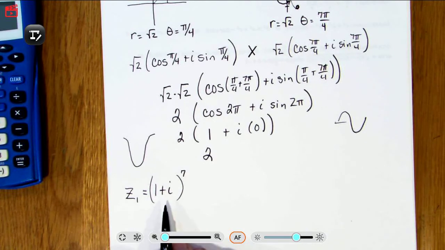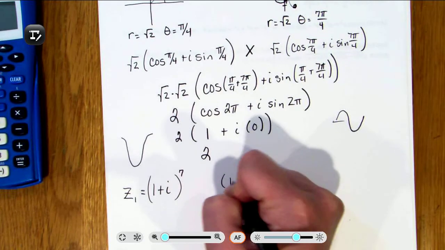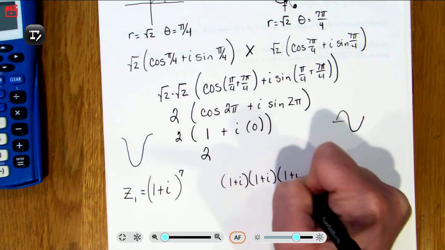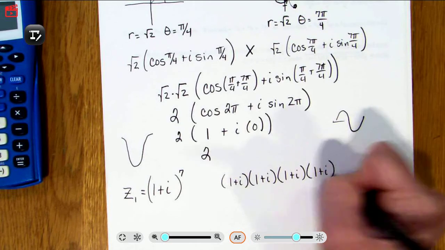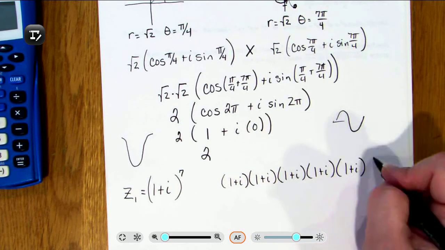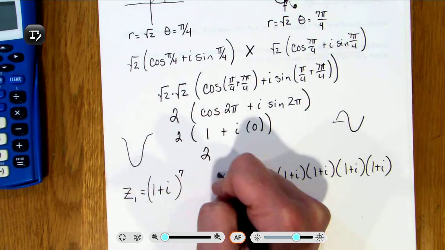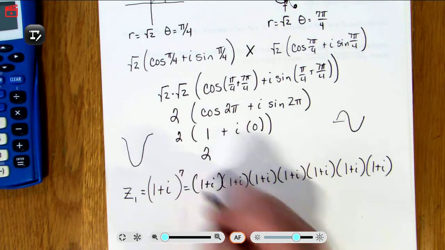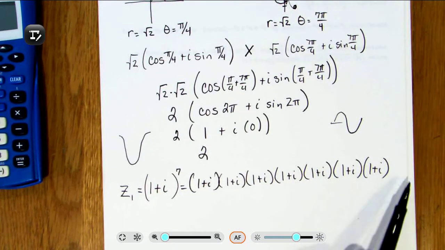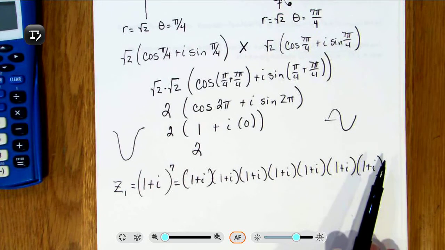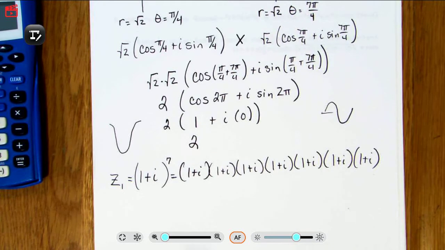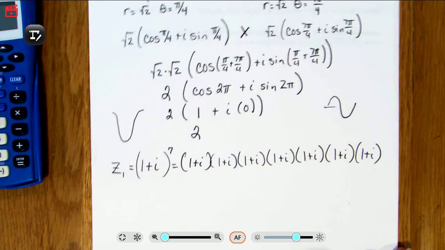If I were doing this in rectangular form, that means I have to FOIL this out, and I am not going to do that. 1, 2, 3, 4, 5, 6, and I ran out of room. 7. I have to multiply it by itself 7 times. That's going to require us to do a lot of work. This is where the power of polar form comes into play.